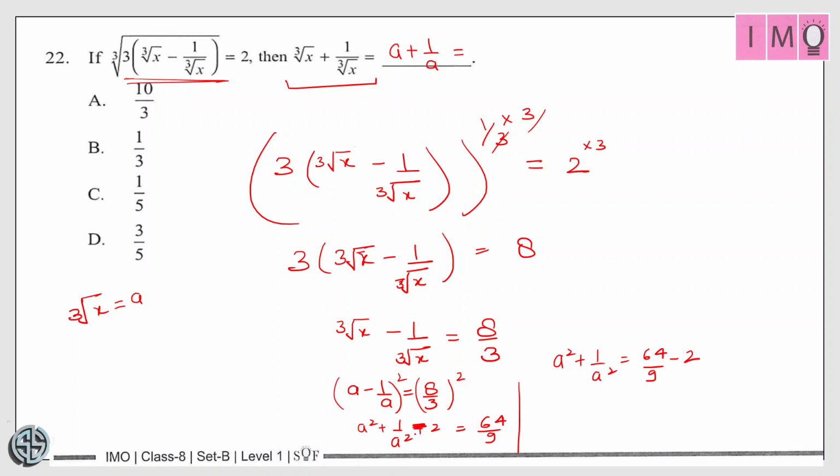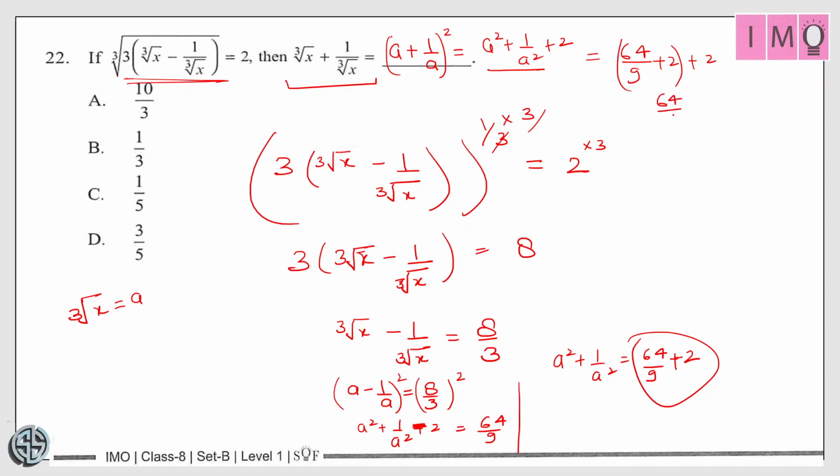So the value of a square plus 1 upon a square will become (64 plus 18) upon 9. Now you have to find the value of a plus 1 upon a. You know that (a plus 1 upon a) whole square is a square plus 1 upon a square plus 2, and we know this value. So the value of this will become 64 upon 9 plus 2, which is the value of a square plus 1 upon a square, and plus 2 we also have to add.